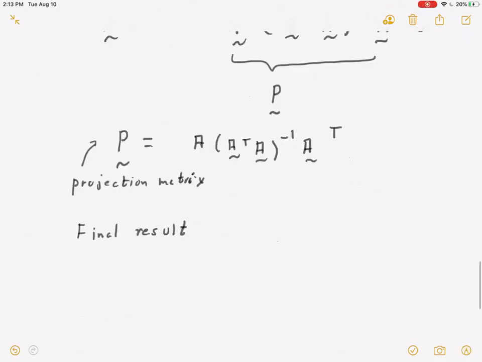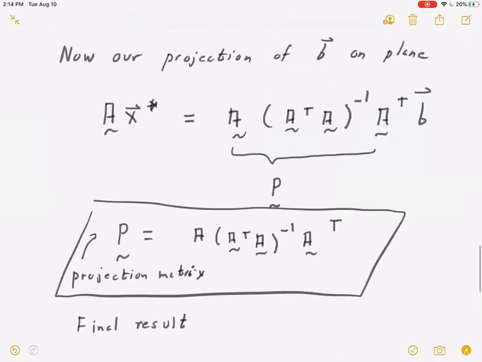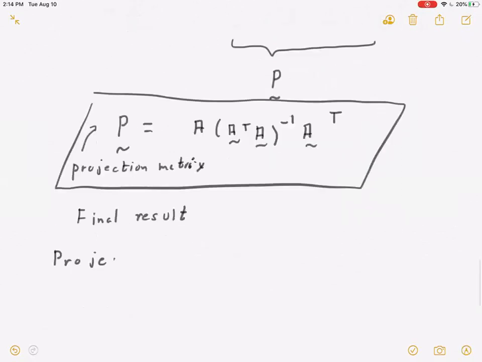Namely, the projection. So let's put this in a square. These are all fundamental equations we're deriving, or we would derive last time. I'm just reviewing.